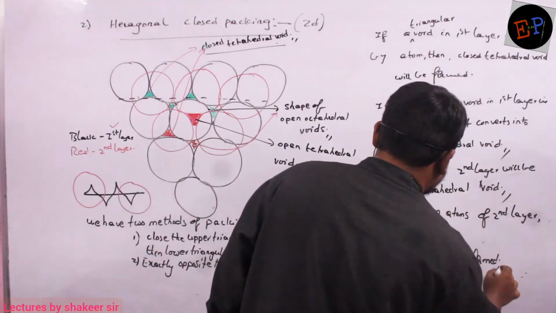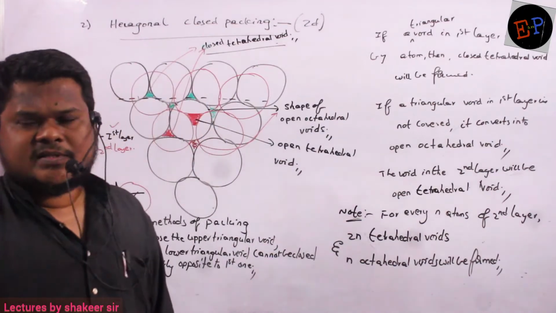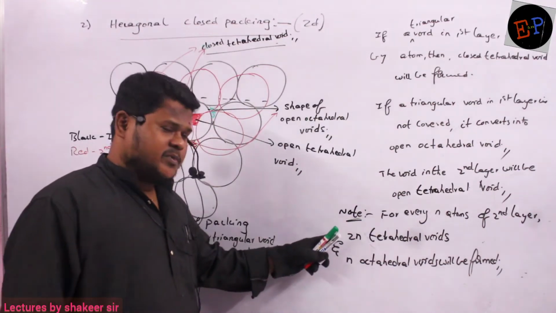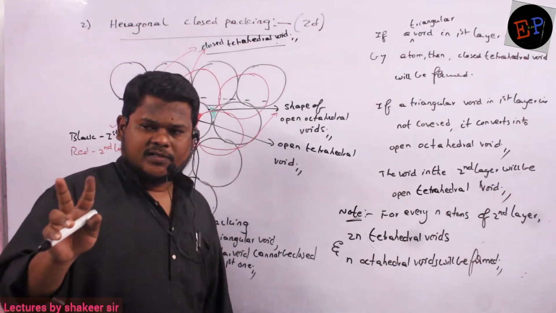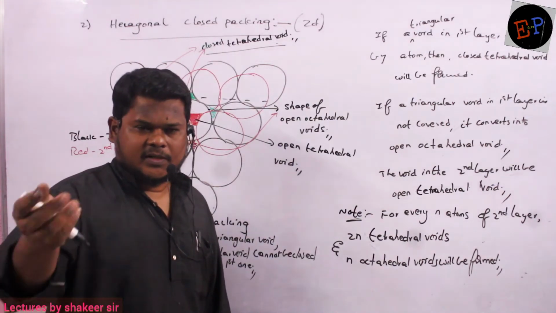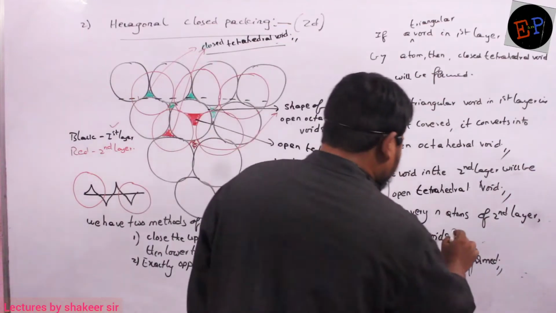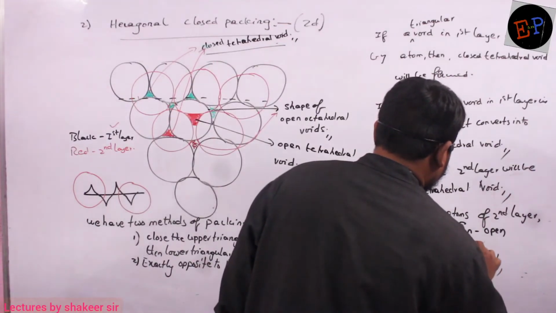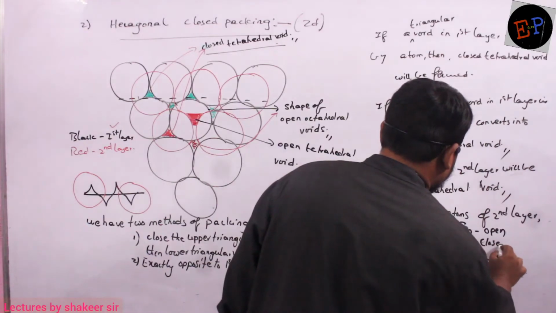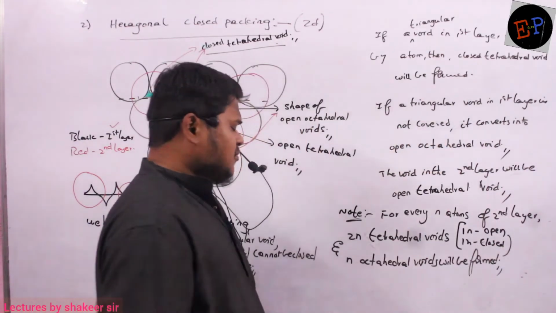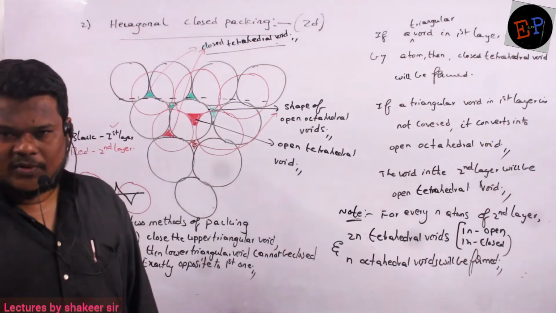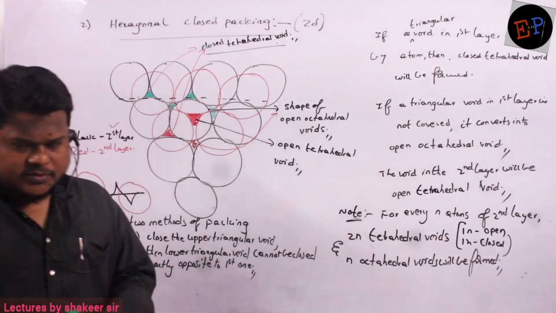Are you able to understand? So if you are placing n atoms in the second layer, then how many tetrahedral voids can be formed? 2n tetrahedral voids can be formed. It means double the number of tetrahedral voids. And in these tetrahedral voids, n will be open and n will be closed. Clear? And how many octahedral voids will be formed? n octahedral voids will be formed. Are you able to understand? So this is a point which you should understand.